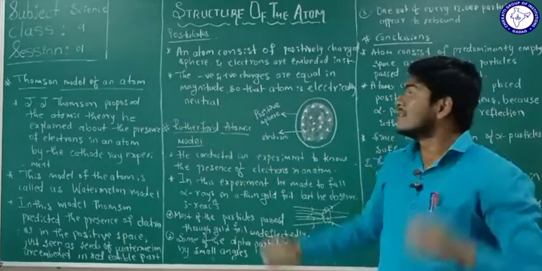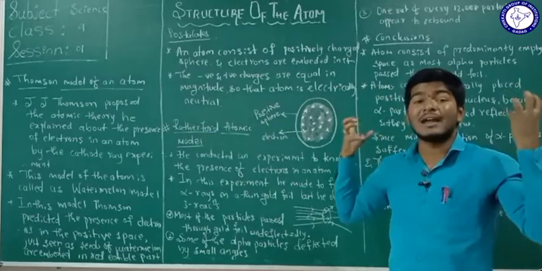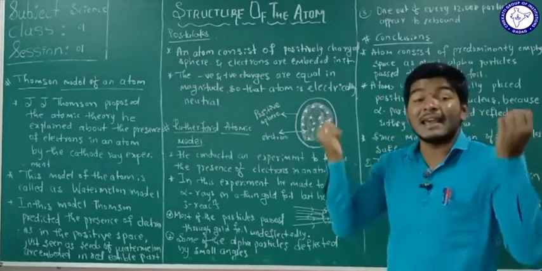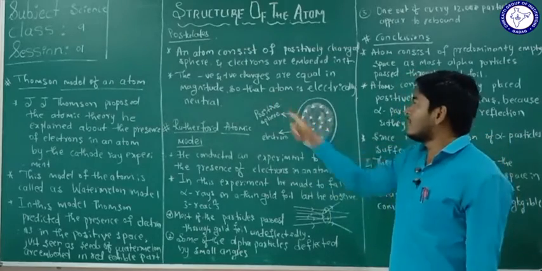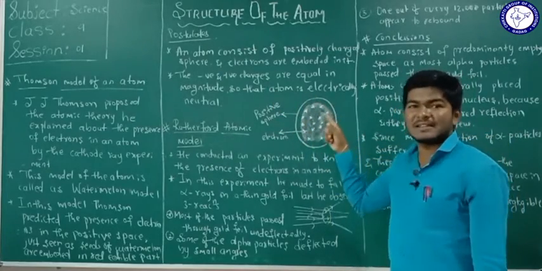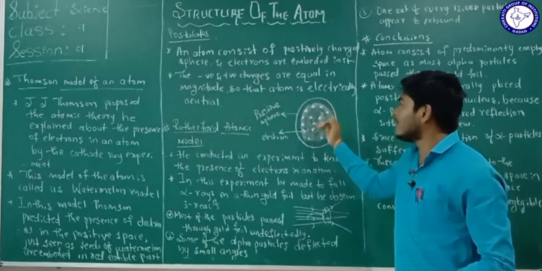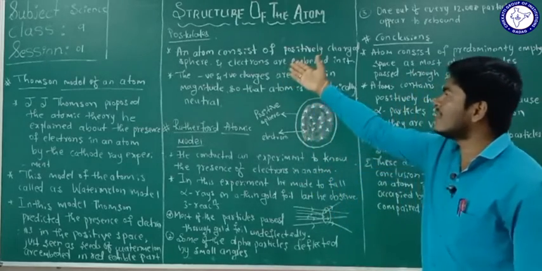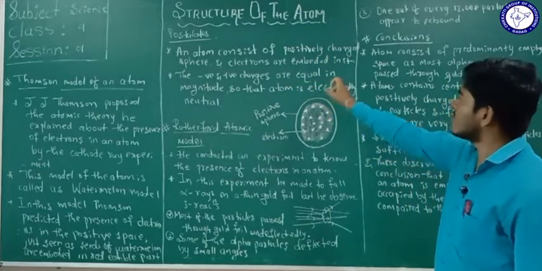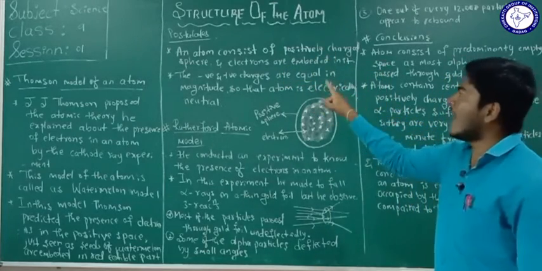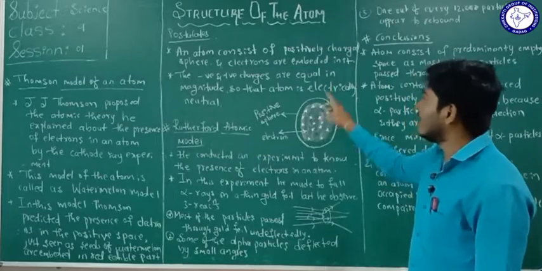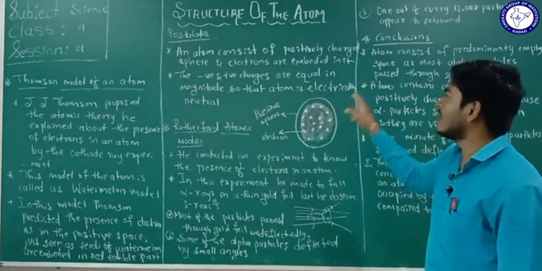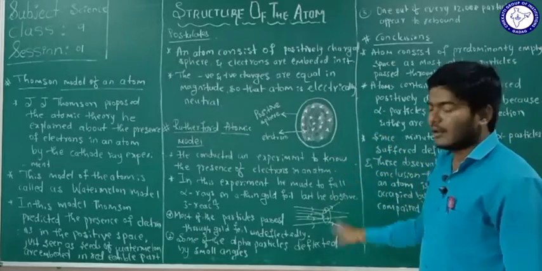He assumed that, though he couldn't see the atom exactly, a positively charged sphere is present in an atom, and inside that sphere the electrons are present. So he gave two postulates: an atom consists of a positively charged sphere with electrons embedded in it, and the positive and negative charges are equal in magnitude, so that the atom is electrically neutral.